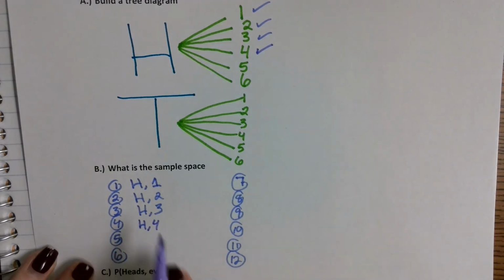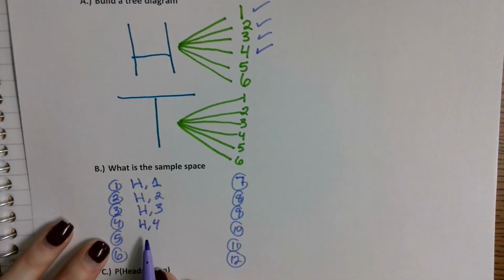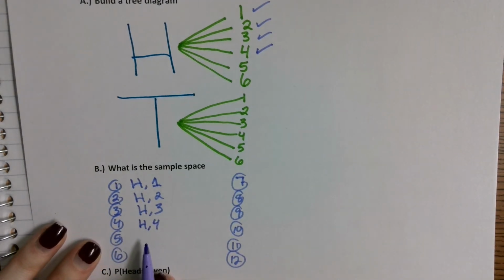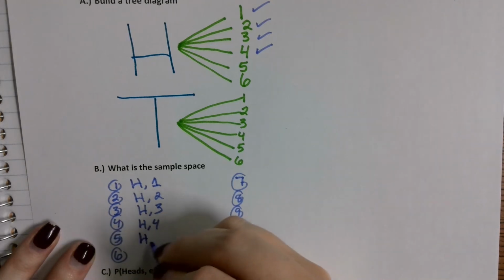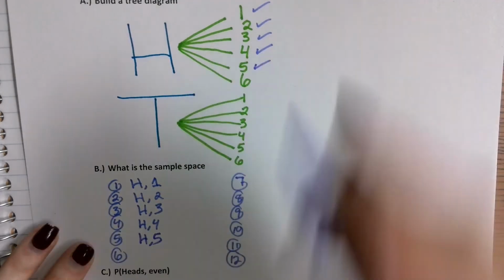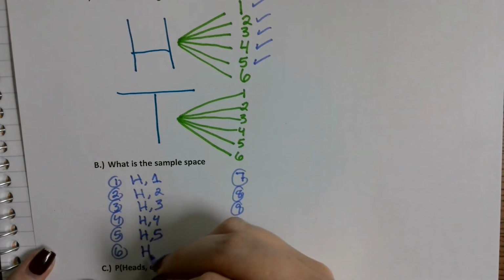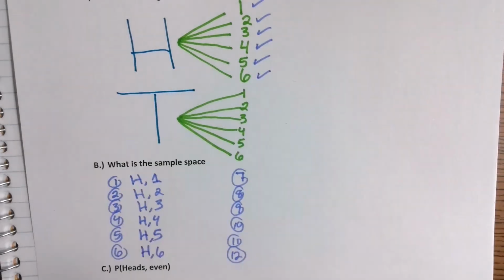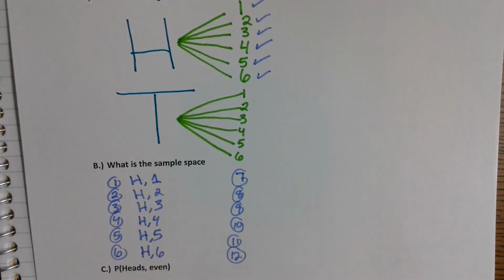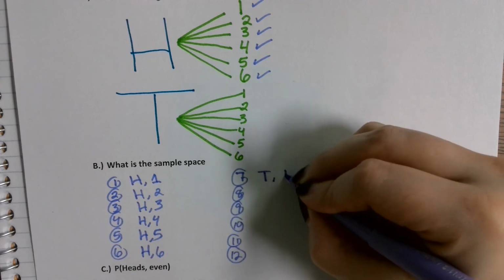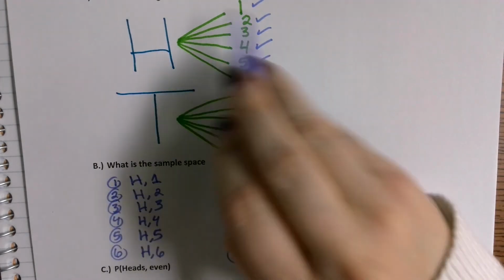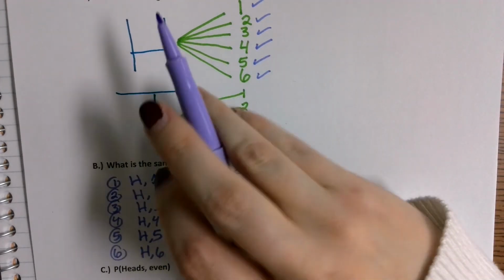Okay, Mariana, next one. Heads 5. Good. And the next one, Mohammed? Heads 6. Hexel, what will be the next one? Tails 1. Good. So we finished with all the outcomes that could be with the coin landing on heads.